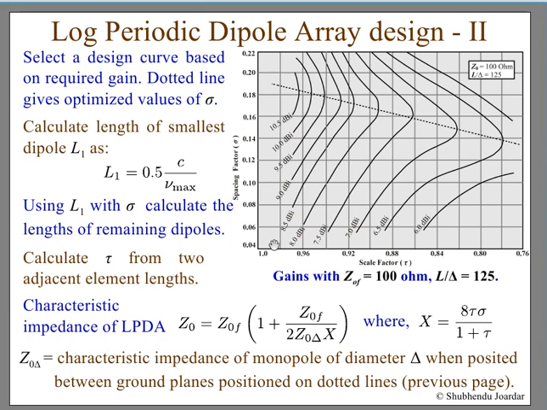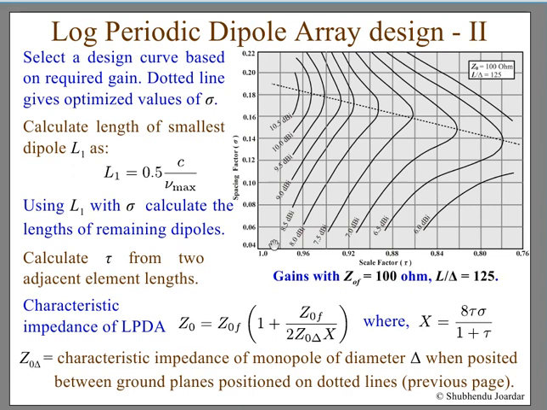So you also have a set of design curves that you will see in the textbook. This set of design curves gives you the optimum value for choosing the number of elements in the antenna.